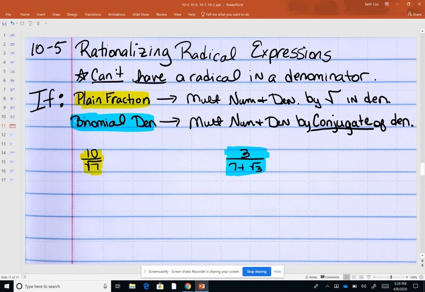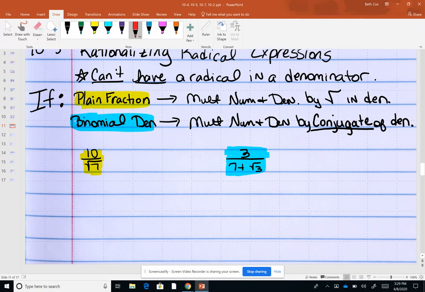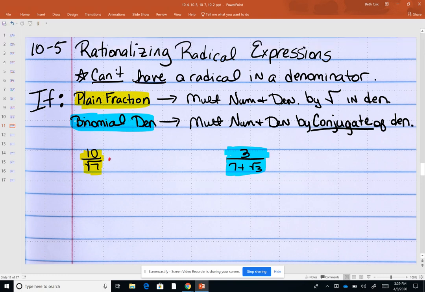So if you understand fractions, you know that if I'm going to multiply something in the numerator, I've got to do it in the denominator and vice versa. So that's what we're going to do. We're going to rationalize this.